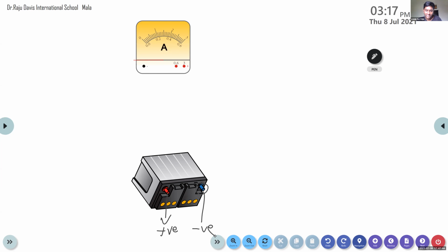So here we consider an ammeter, the battery, and a key, and we can connect all these components.